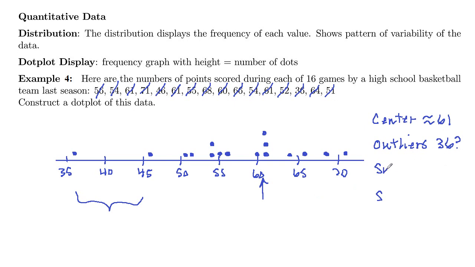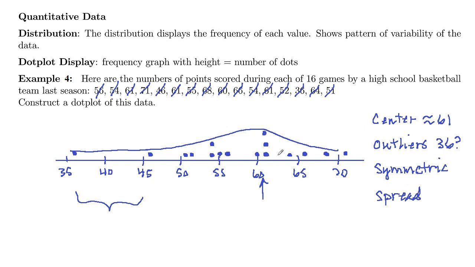The symmetry. So this data looks like it's pretty symmetric here. It's a little skewed off to the left here because of that outlier. However, if we ignore that, looks like we've got symmetric data. And then our spread.